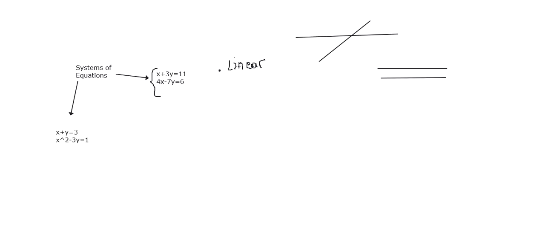We can also see the same line repeated two times. This is the case when we call them coincident. So the first case, when we have intersecting lines, means this system of equations will have exactly one solution.